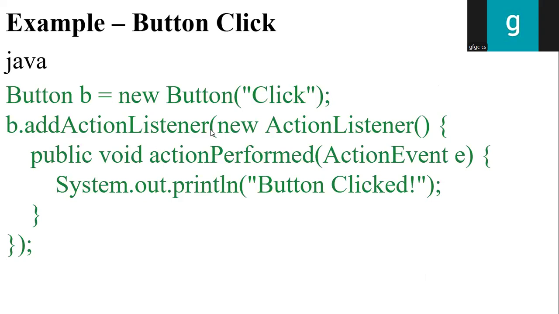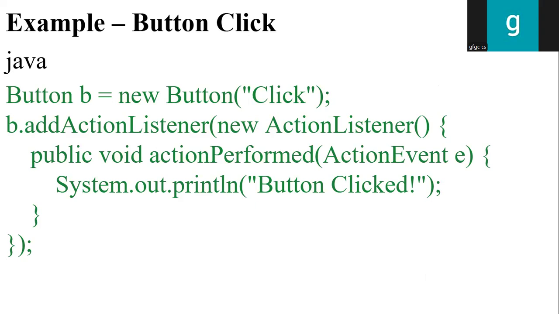Now I am giving the example. Here I am using a button as the source. Button b is equal to new Button, and I have given the name for that button as click. When I click on that button, a message should pop up saying button click. For that, I first used the event source, a button.